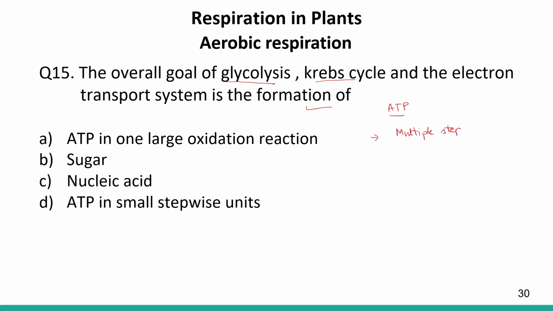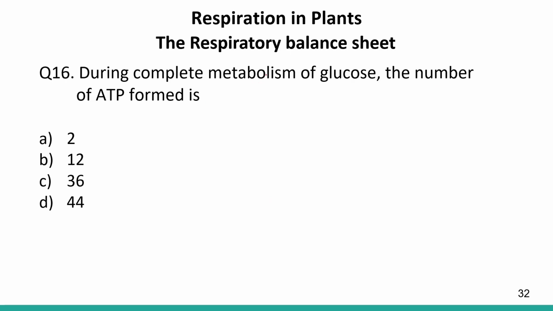The energy is stored in the form of ATP. So what should be the answer? Answer is ATP is produced in small stepwise units during glycolysis, Krebs cycle, and finally the electron transport system where oxidative phosphorylation is involved in the formation of ATP.